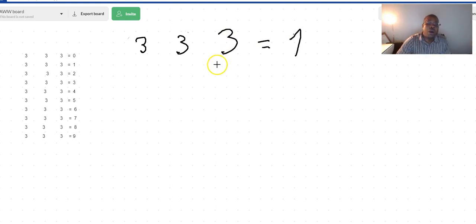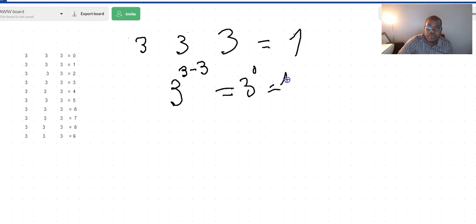There are very different ways we can do that. For example, 3 to the power of 3 minus 3. This gives me 3 to the power of 0, which gives me 1, right?